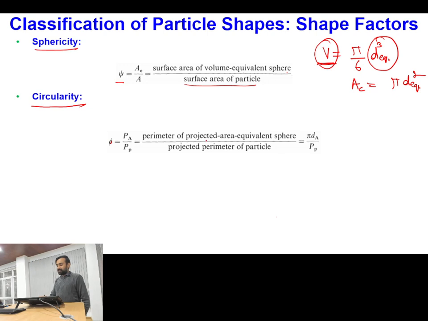The projected area equivalent sphere is once again the first parameter, so it is written as pi into dA divided by the perimeter of the particle. Is this one clear? Now if you see this parameter phi, it still has some practicality, because we have seen different methods for the projected dA if we have the projection of the particle, and this perimeter also I can calculate even if I have an irregular shape.